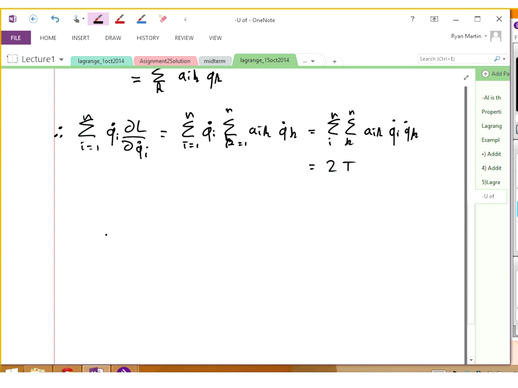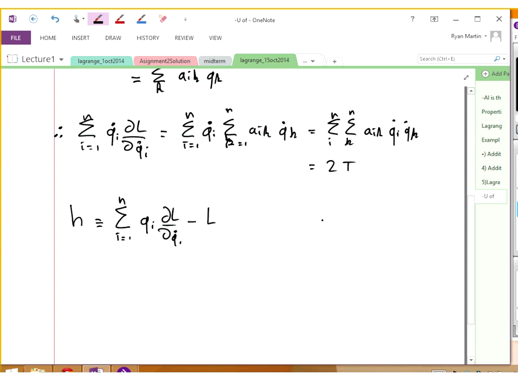So now, again, let's consider H. This quantity H, the Jacobian integral, which we know from variational calculus must be constant, is given by the sum from I equals 1 to N of Qi dot ∂L/∂Qi dot minus L, right?